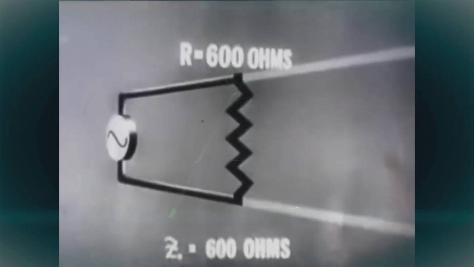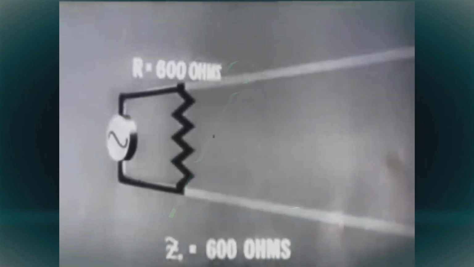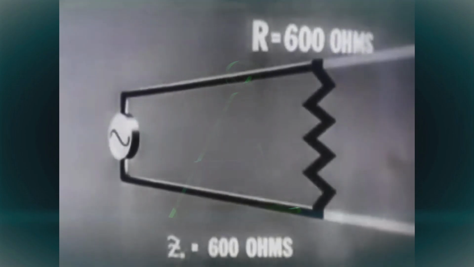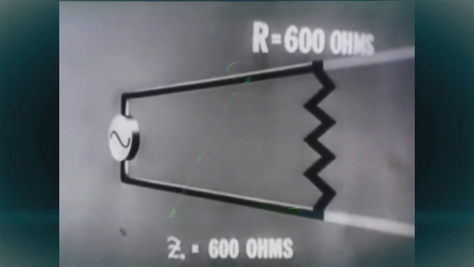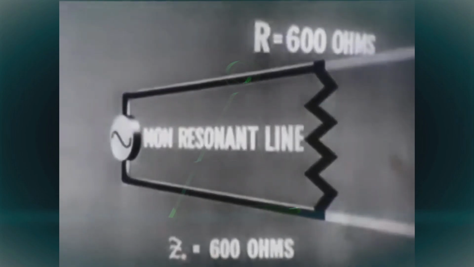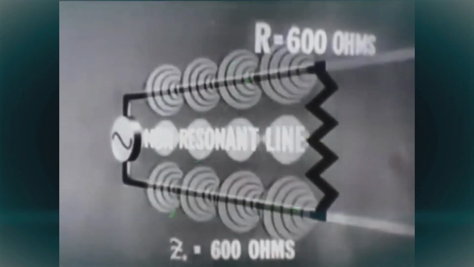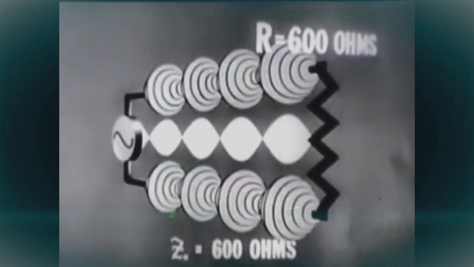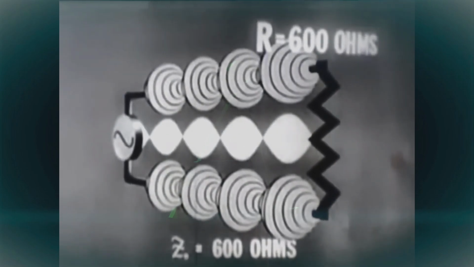No matter where the line is cut and the resistance inserted, the line still presents the same characteristics, voltage and current remaining in phase. Because it behaves the same to all frequencies, we call this type of line non-resonant. Our alternating current patterns still look the same, although the infinite line has been changed into a practical line.